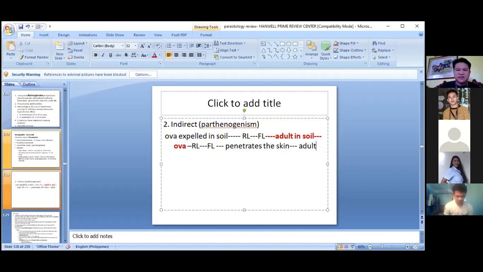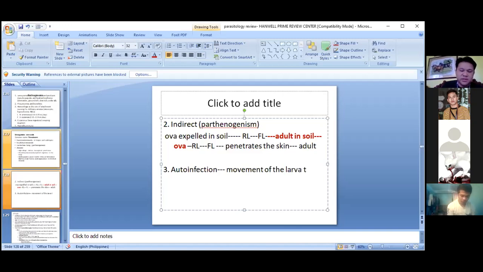And the third of the life cycle is what I refer to as auto-infection. Auto-infection, my dear students, for the case of Strongyloides stercoralis, talks about movement of larva to other parts of the body. More strikingly in the viscera. So exactly, my dear friends, this is the episode of the VLM, visceral larva migrans. Strongyloides is a visceral larva migrans.